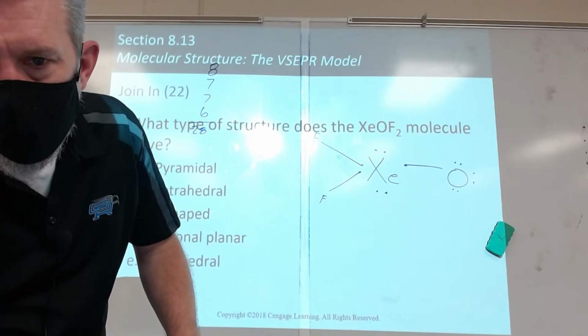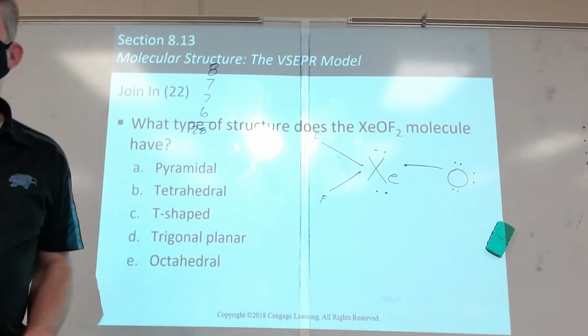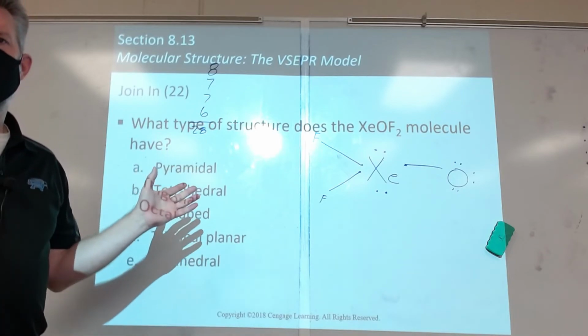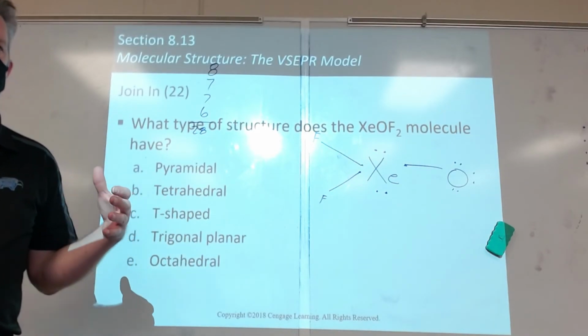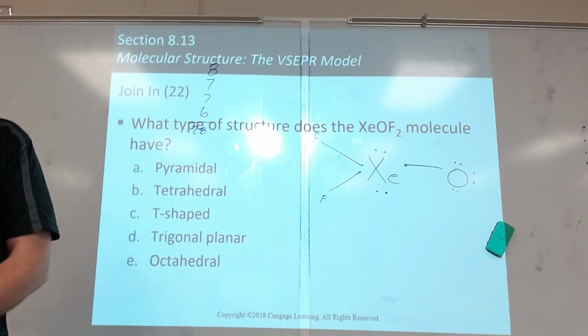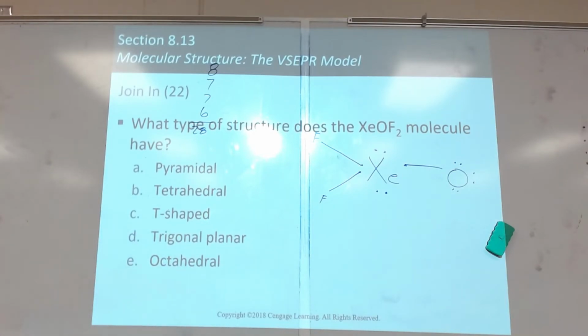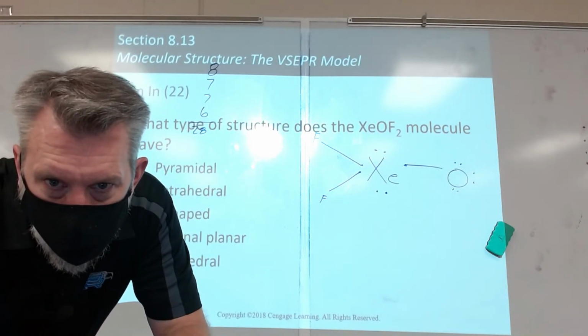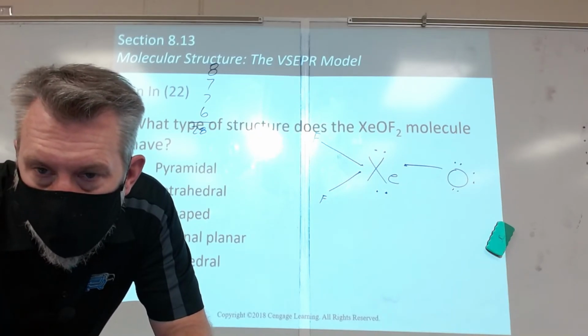So there's a guy who did his PhD thesis, or master's, one of the two, and he has hundreds of YouTube videos on Lewis dot structures. So if you're ever curious, you can look those up. But yeah, that's what it's supposed to look like. And so it's T-shaped. Everybody got T-shaped, right? I think his name is Wayne Breslin, but you can look it up.